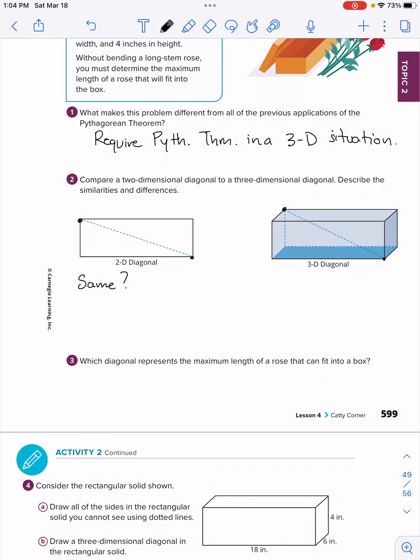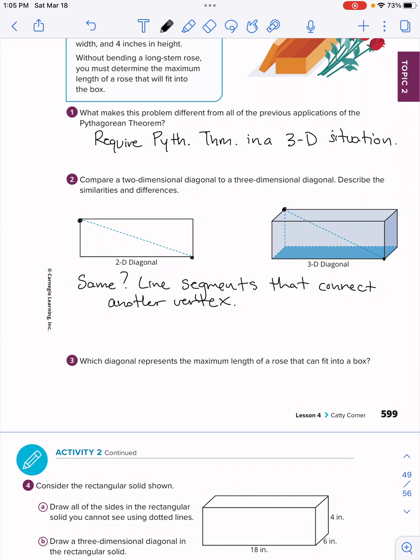At least for this, they do not have line segments that connect vertices. I should say on the figure itself, line segments that connect another vertex. Okay, so line segments connecting any vertex to another vertex that does not share a face or an edge.